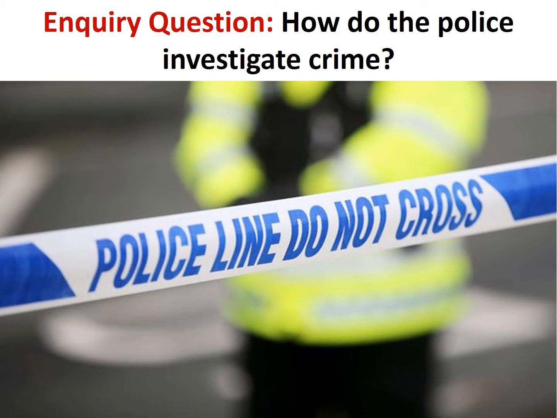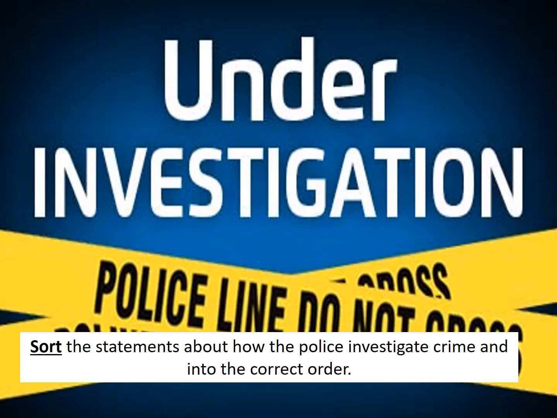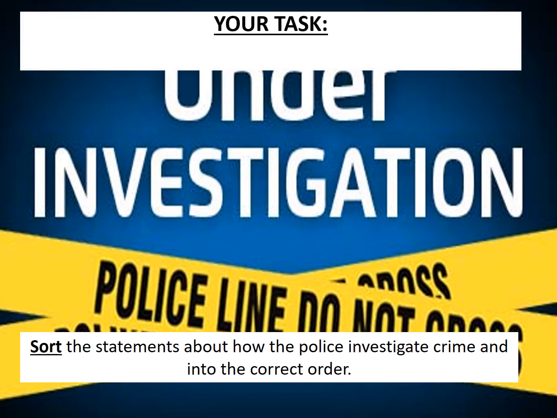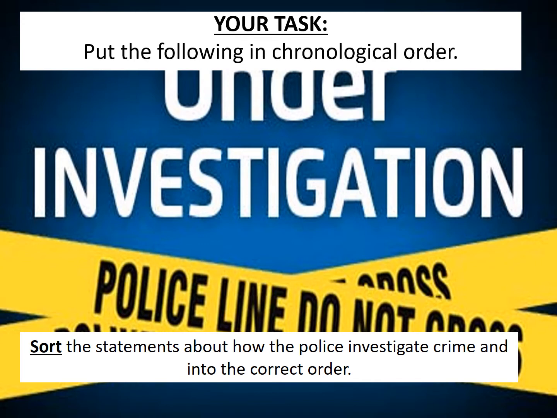Now, how do the police actually investigate a crime? What I'd like you to try and do here is to sort the statements about how the police investigate crime into the correct order. You'll have the following points here, so you need to put them in chronological order, from the start to the end in terms of how the police actually investigate a crime.